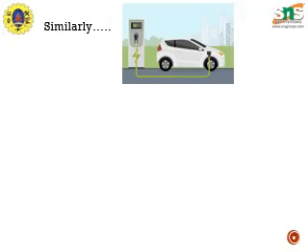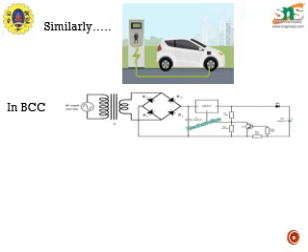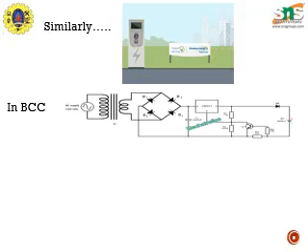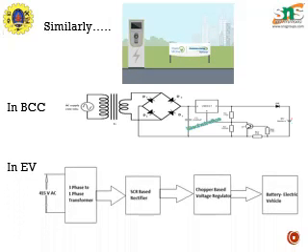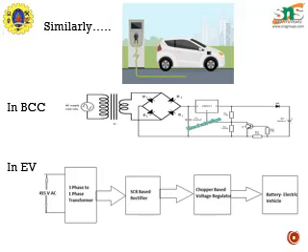Similarly, we can develop a battery charging circuit for an electric vehicle. In the electric vehicle, we are using a three phase to single phase transformer. But in BCC, we are only using a low cost single phase step down transformer.